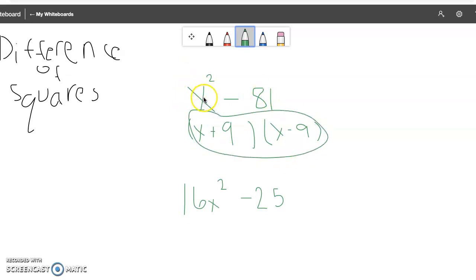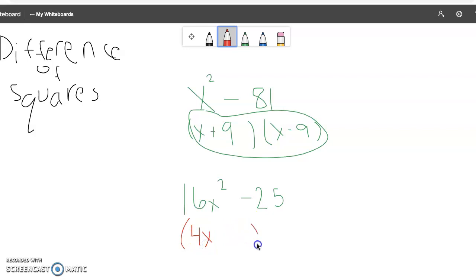So all you have to do is take the square root of the first term, write it down in each of the binomials, take the square root of the second number, write that down, and you're just going to write one as a subtraction, one as an addition sentence. And to show you again how that works, if we take the square root of 16x squared, well, the square root of 16 is 4, and the square root of x squared is x.